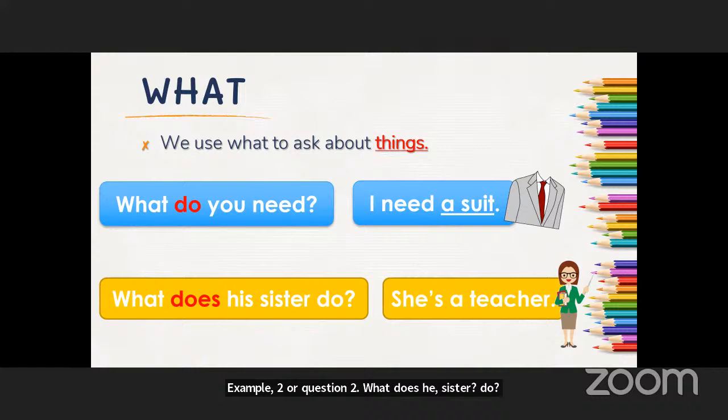What qué? What does his sister do? ¿A qué se dedica tu hermana? So the answer, she's a teacher. What qué utilizamos cuando necesitamos obtener información sobre cosas, okay? At the beginning of a sentence. What? Word number 2.